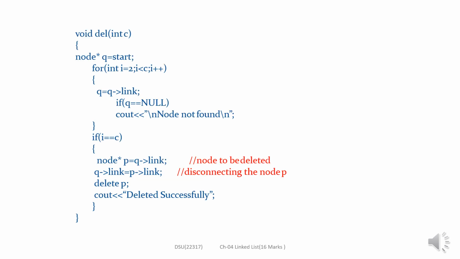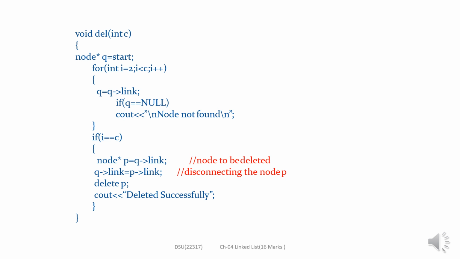void delete(int c) { node *q = start; for (i = 2; i < c; i++) { q = q->link; if (q == NULL) print node is not found. } Then again, if (i == c) { node *p = q->link; then q->link = p->link.